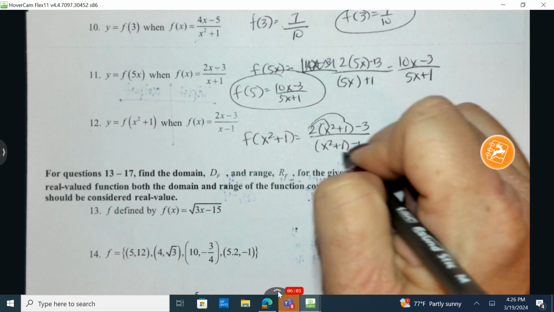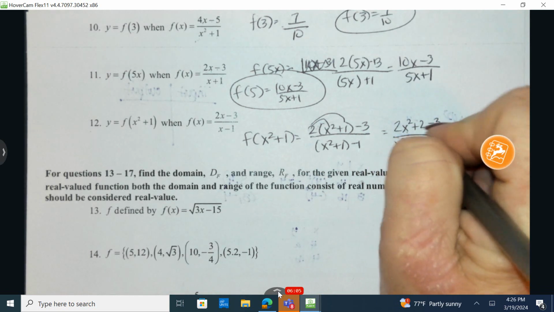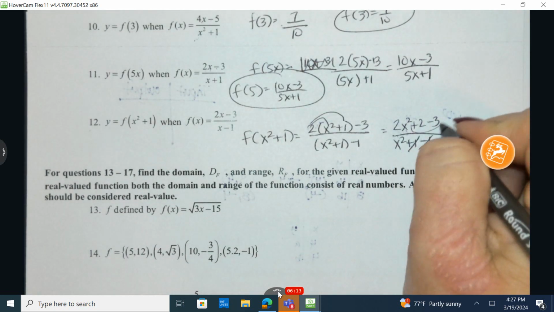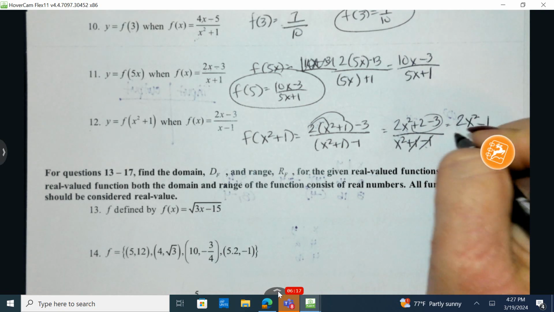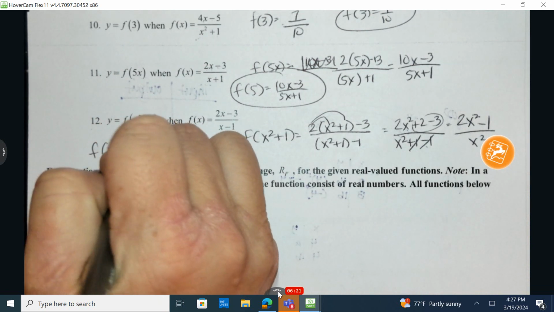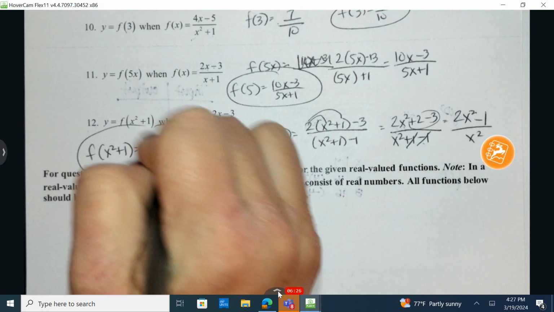On the bottom, there's nothing on the outside that's being distributed other than a 1, so I have x squared plus 1 minus 1. And so we can see that our positive 1 and our negative 1 on the bottom, they're additive inverses, they equal 0, and on top these can combine to give us a negative 1. So I have 2x squared minus 1 on top. On the bottom I only have an x squared. So f of x squared plus 1 is equal to 2x squared minus 1 over x squared.